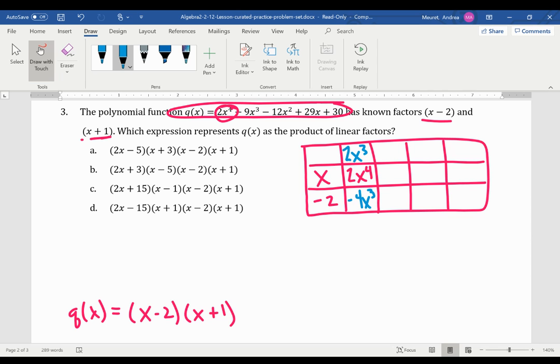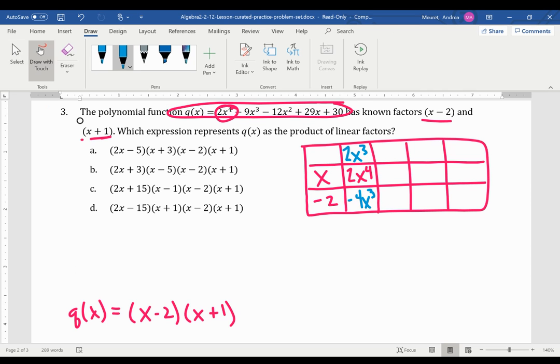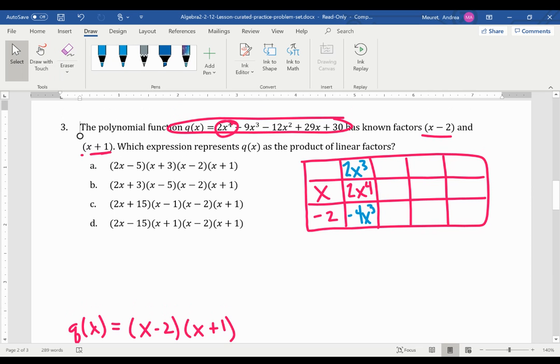My next target is negative 9x to the 3rd. Oopsies, uh-oh, I did something funny. Okay, there we go. So my next target is negative 9x to the 3rd.